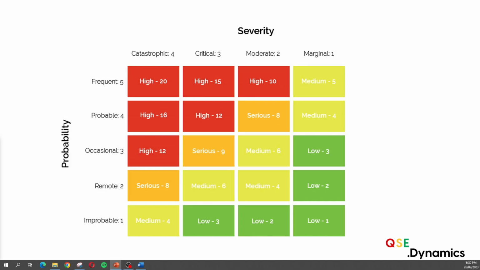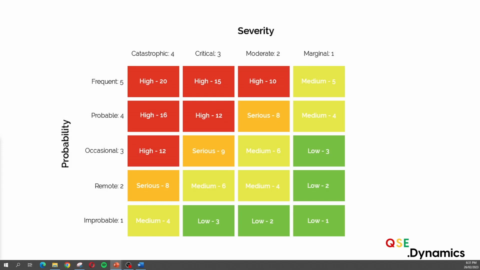Again, we can see that we do have some similar scoring. A serious 8 is in there a couple times, and then we got a high 12 a few times and whatnot. But again, it's really up to who you want to use this, how much training you're going to do, and how important that classification is to you.